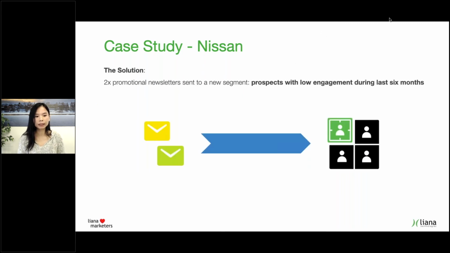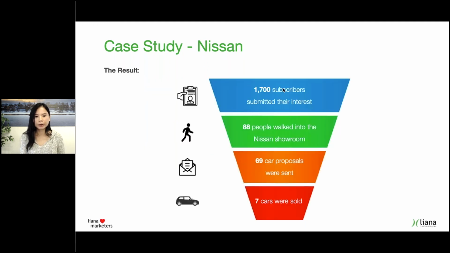So what they did is, by using all this data, they created 2 promotional newsletters to send to a new segment, a segment that they found had a very low engagement rate in the last 6 months. So how was the result of these two promotional newsletters?